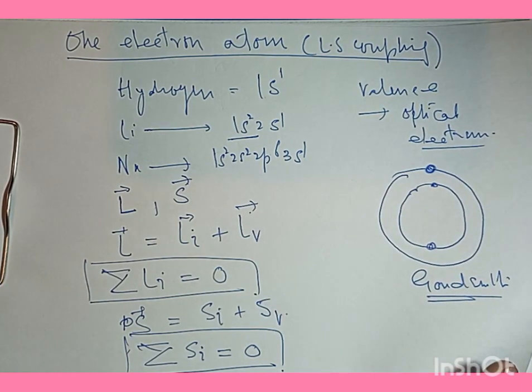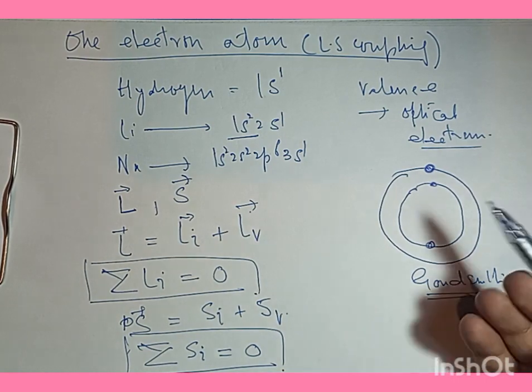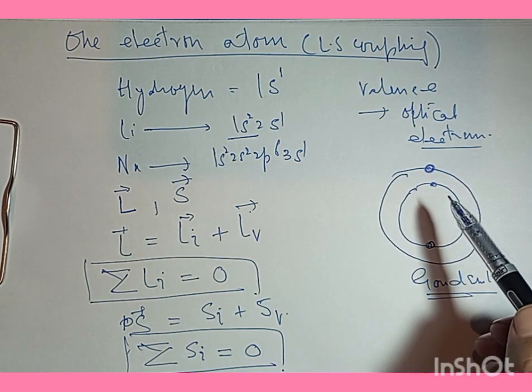So what are we left with when we have to calculate the total angular momentum of the valence electron?